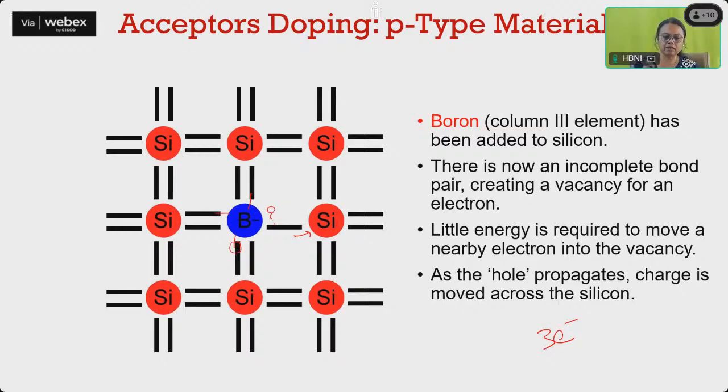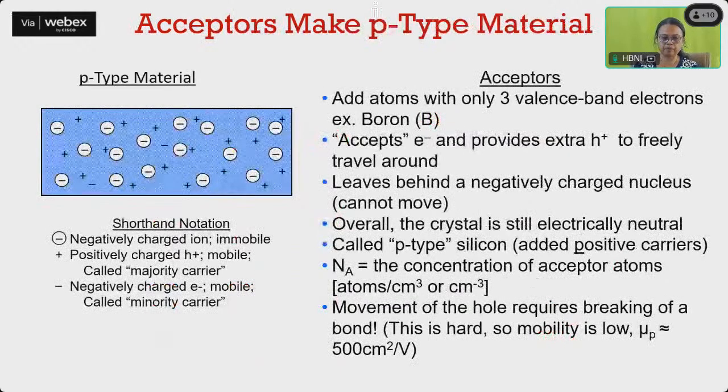First the hole was here, now it has gone here, then here, and then here. In this way the conductivity will be there in the material. As the hole propagates, the charge moves across the silicon. So this is called p-type silicon material, where a hole is propagating inside the material.